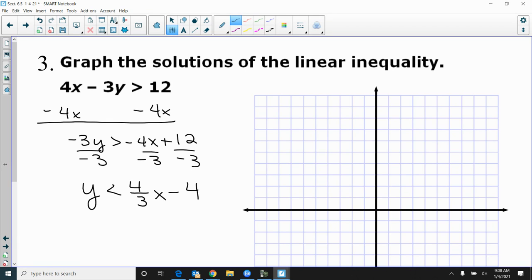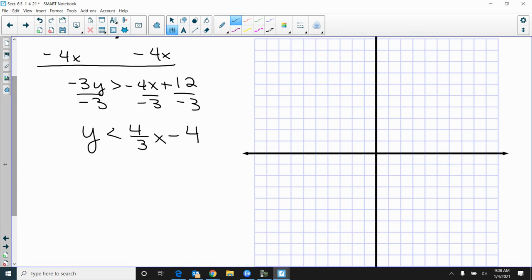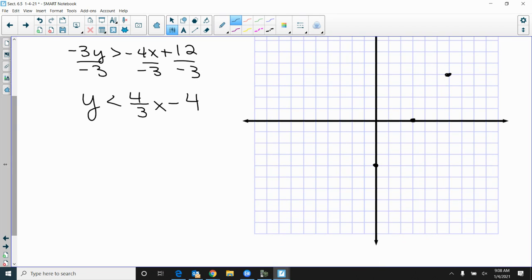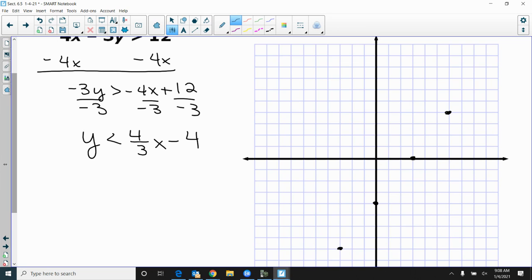Okay, so you start at -4, put a dot, 1, 2, 3, 4. And I'm going to go up 4, 1, 2, 3, 4, to the right 3 since it's a positive slope. And then I'm going to go down 3, 4, over 3. Now make a dashed line connecting them.